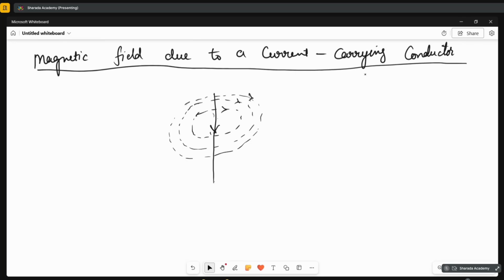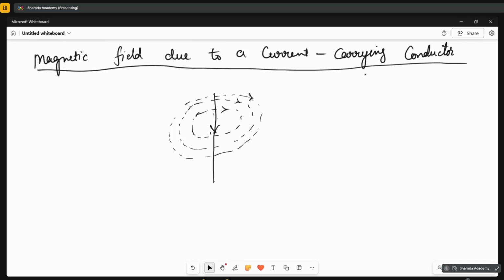If the current decreases, its magnetic field decreases. And if you change the direction of the current, then the direction of the magnetic field also will change.